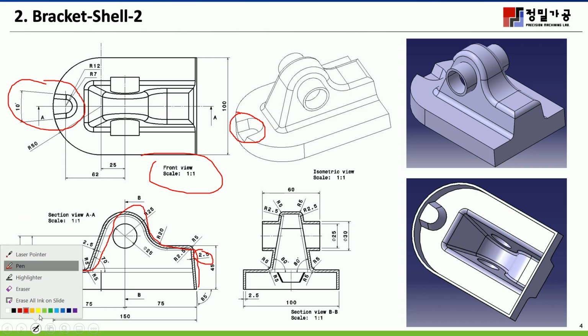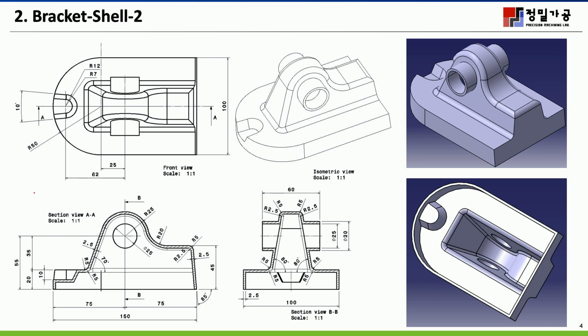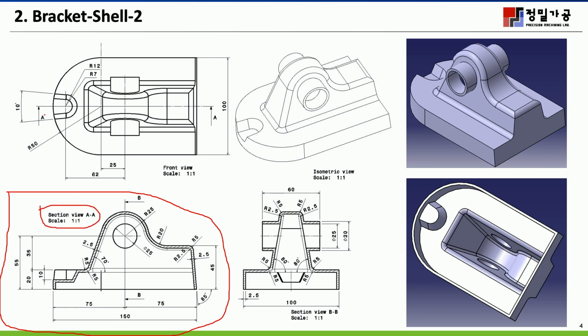This particular view is a cross section from a line. If you cross section this line, slice this part and project it to the third view, it becomes like this.